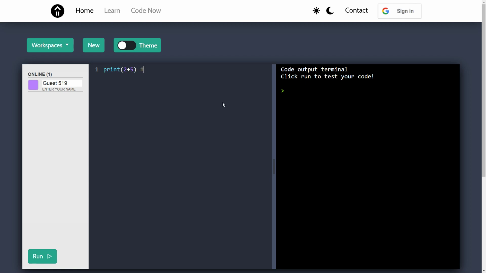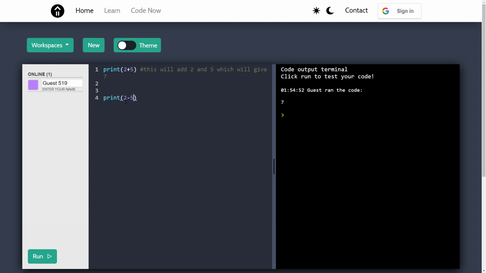The way to do that in Python is to use the hashtag, and I could say this will add 2 and 5, which will give 7. Cool. Now let's run this. Excellent. 7. Nice.